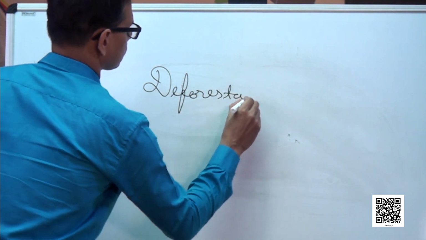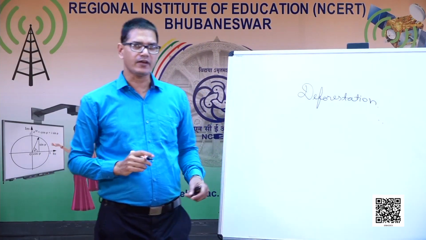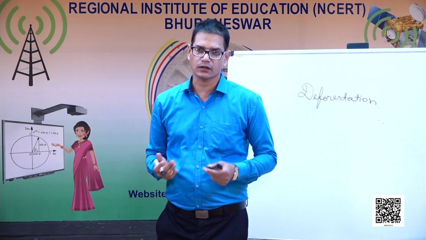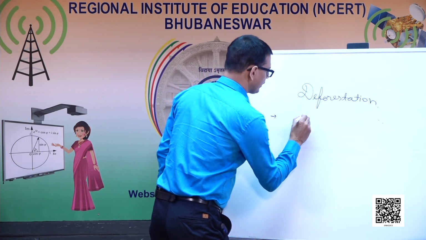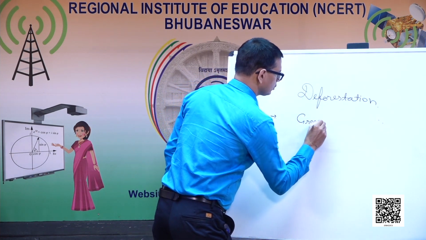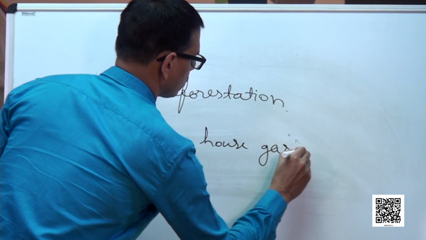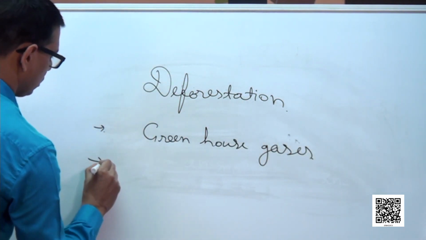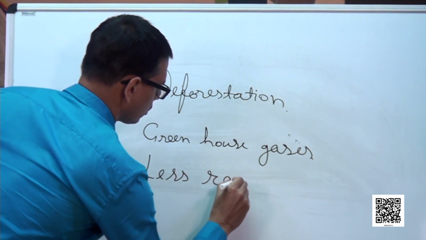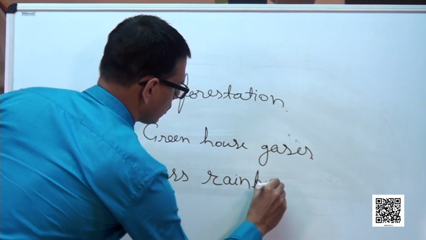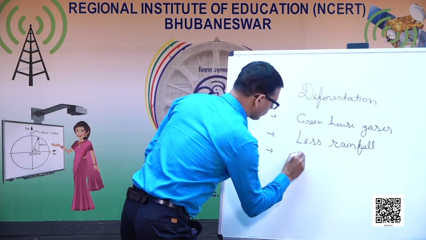And you know very well what the bad result of deforestation is. That will be an increase in greenhouse gases, less rainfall, and it leads to global warming.